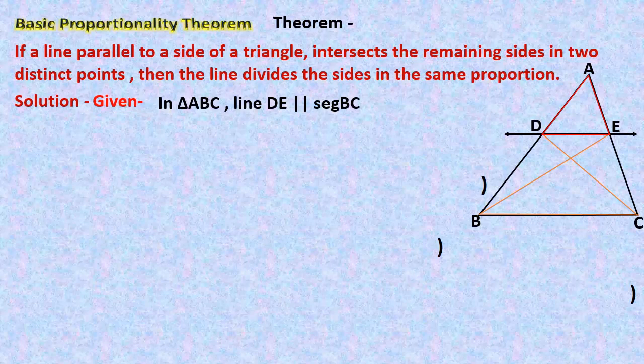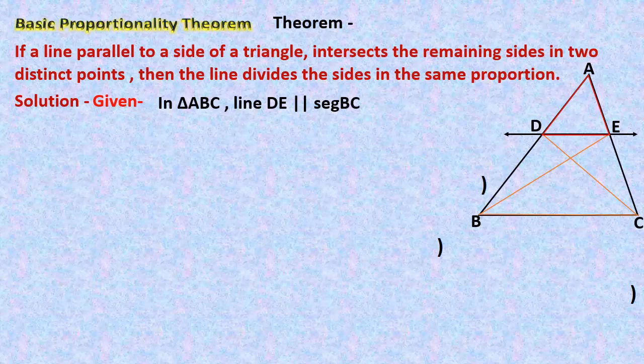The given part lies between the if and then statement. A line is parallel to a side of a triangle. Therefore, in triangle ABC, line DE is parallel to segment BC.